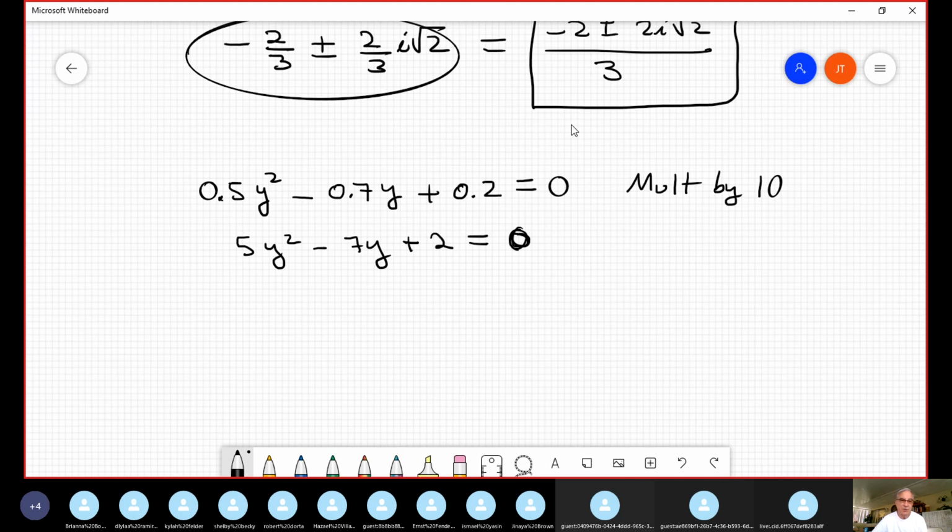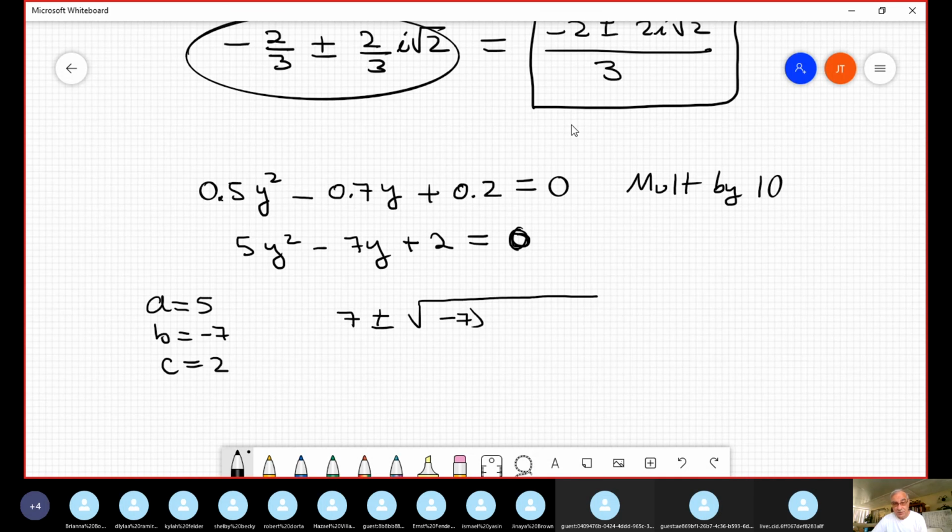Now, quadratic formula: A is 5, B is negative 7, and C is positive 2. Entonces 7 positive, remember the formula has minus B, pero B is negative, double negative becomes positive. Plus or minus the square root of negative 7 squared minus 4 times 5 times 2, divided by 2 times 5.